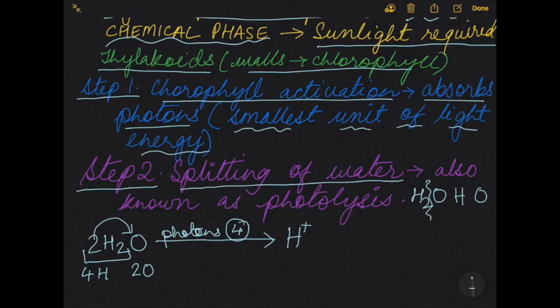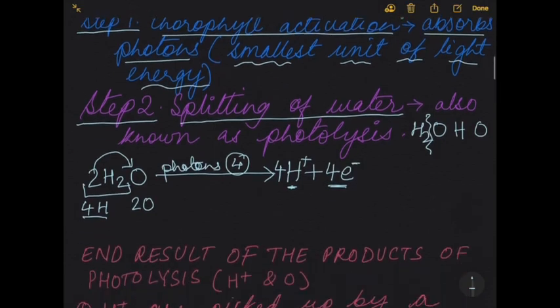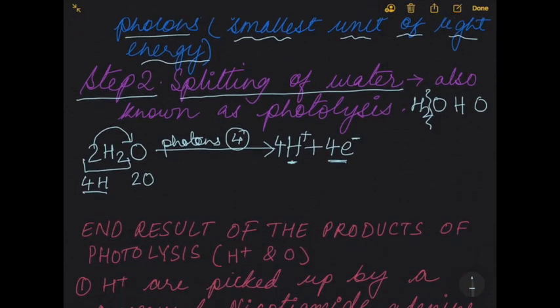Now if you remember, hydrogen has only 1 electron in the outermost orbit, so that electron must be given away to form a hydrogen ion. So there are 4 hydrogen atoms, so how many ions will be formed? 4. And it has given away the electrons as well, so how many electrons will be formed? 4 electrons. Now these electrons are also used in the process of photosynthesis. I will tell you later on.